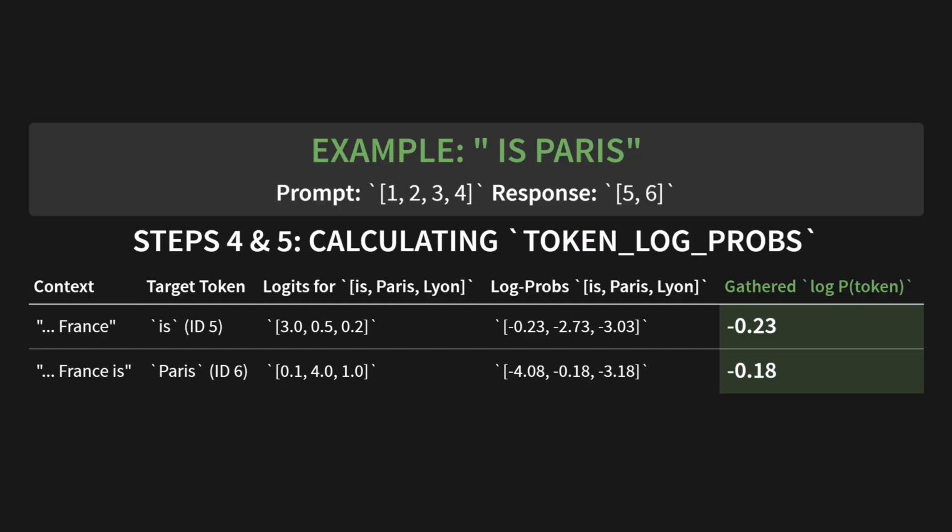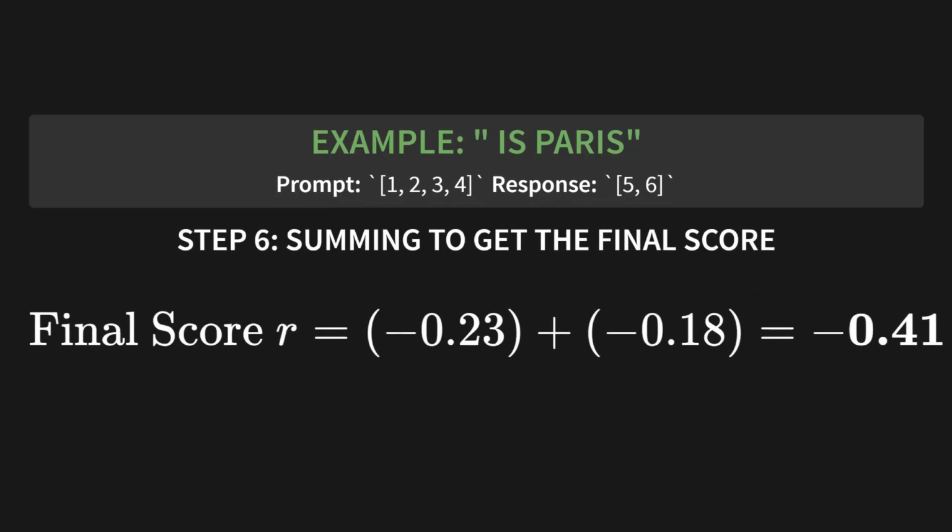The log probs are calculated, and gather once again plucks out the one we need for Paris, which is negative 0.18. And that brings us to the final step, step 6, summing to get the final score. We just add them up. Negative 0.23 plus negative 0.18 equals negative 0.41. That is our final reward score.